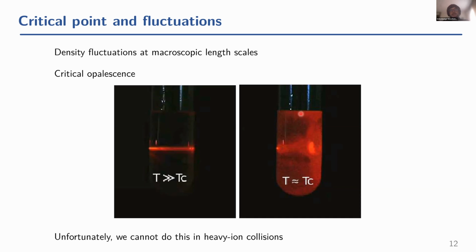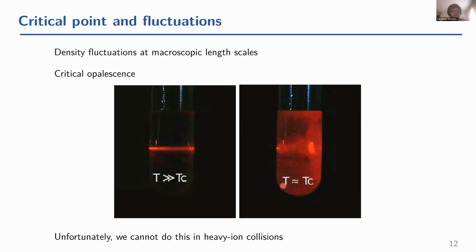This is very well known, and maybe you have even seen this in your physics lab. I remember that I had this, I think, in my bachelor degree, this illustration of critical opalescence. It is an instructive signature of a critical point.